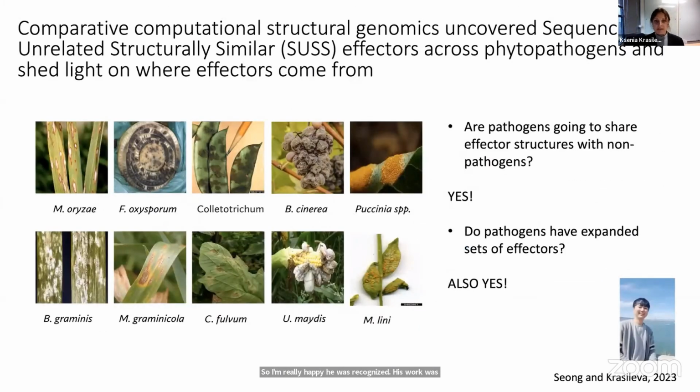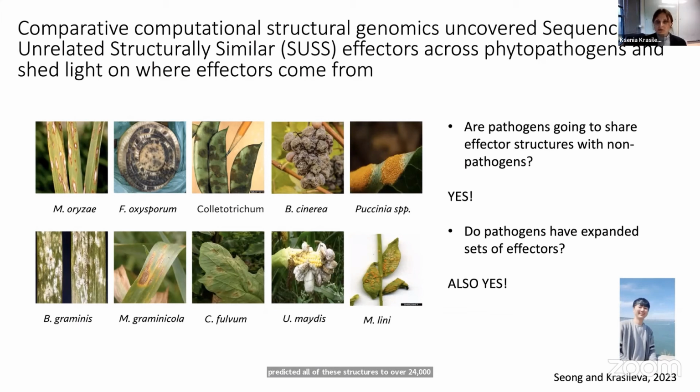But then he moved on and said, well, if we can do one, let's do comparative genomics now using this structural information. And then he took a couple of dozen devastating plant pathogens. He also included non-pathogens for comparison, and he predicted structures for all of them, over 24,000 structures, and did this comparison across species.